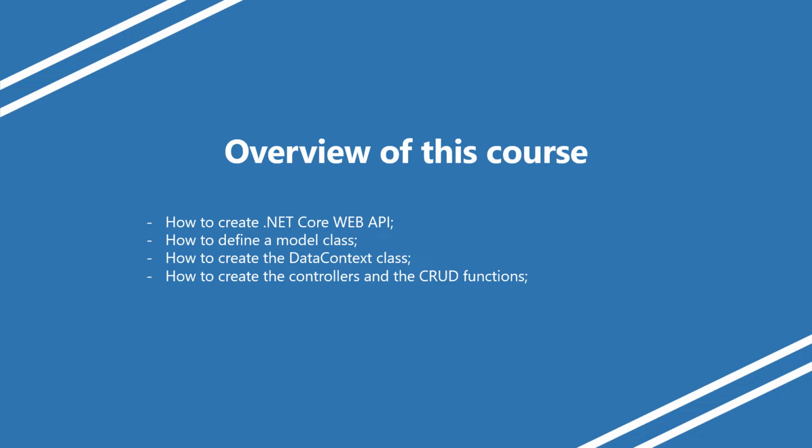Under this course, we will learn how to create a .NET Core Web API, how to define the model classes, how to create the data context class, and how to create controllers and the CRUD functions.